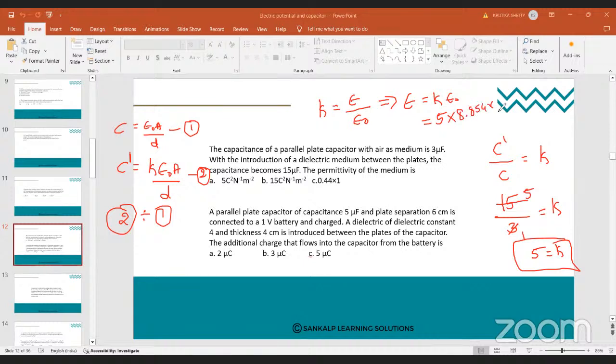So simplify, and you will get the answer. Option C is 0.44 into 10 to the power of minus 10. Option C, yes, check everyone.